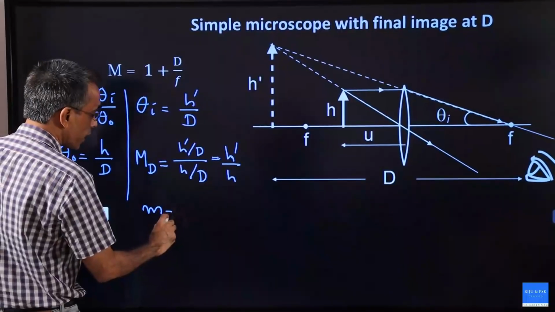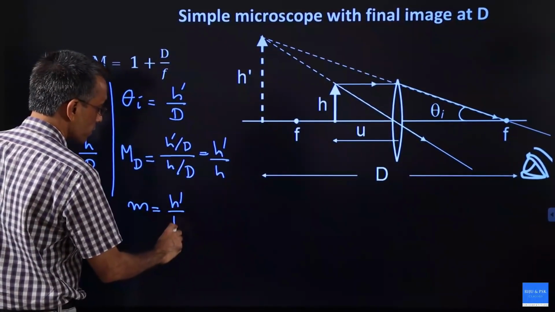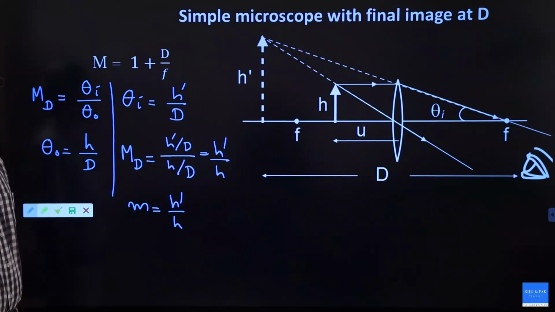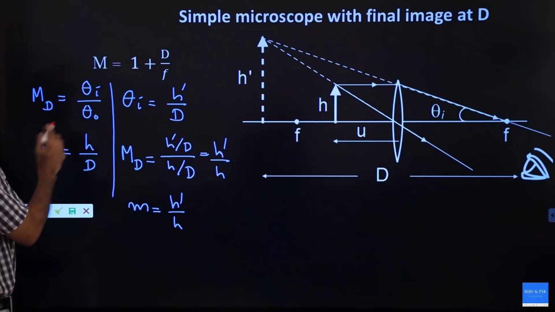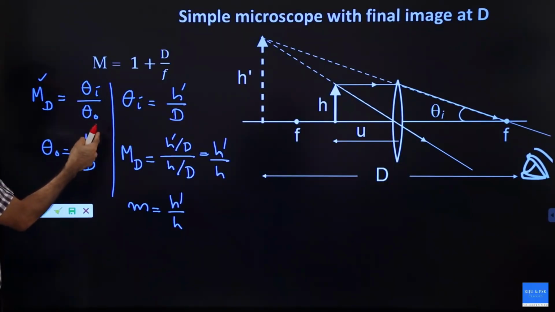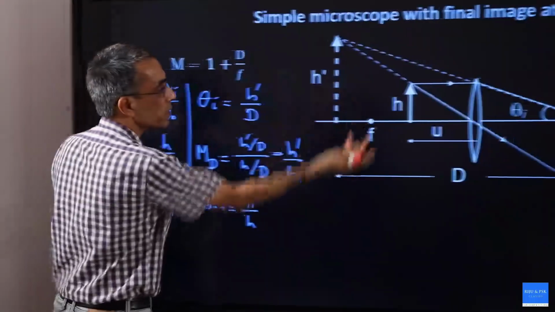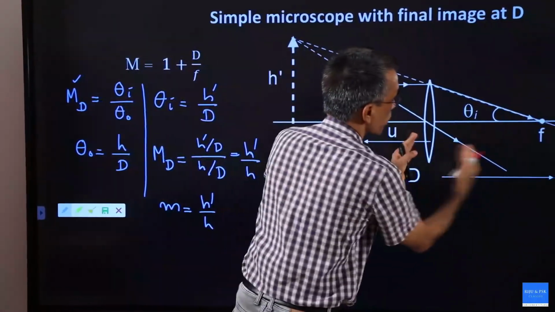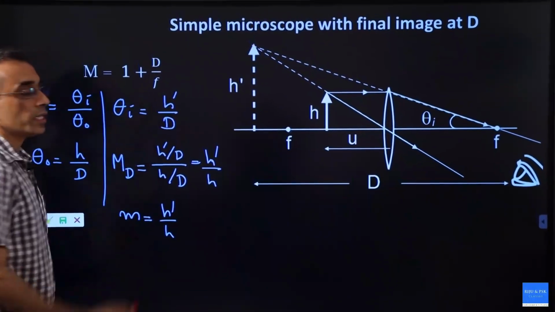It is the lateral magnification, the vertical magnification m, given by h dash by h. So we are doing magnifying power, angular magnification, which is the ratio of theta I by theta O. We know theta O is h by d from the previous diagram. From this diagram I said all these angles are small and this distance is negligible. So we can say theta I is equal to h dash by d.